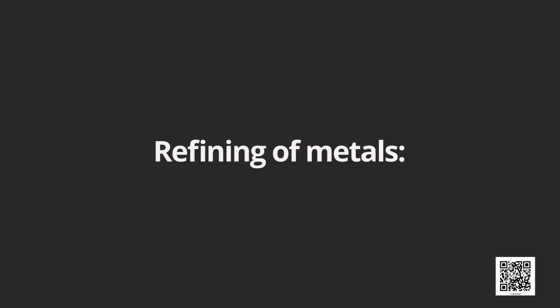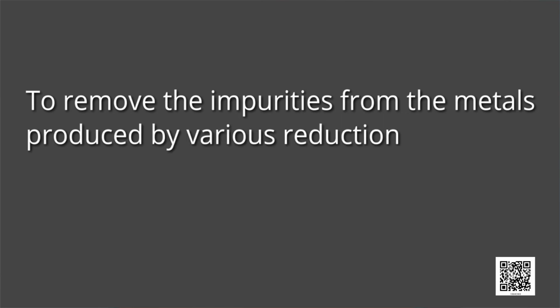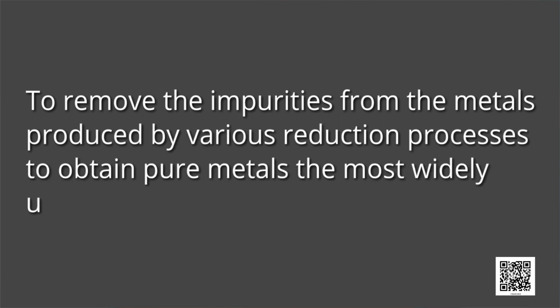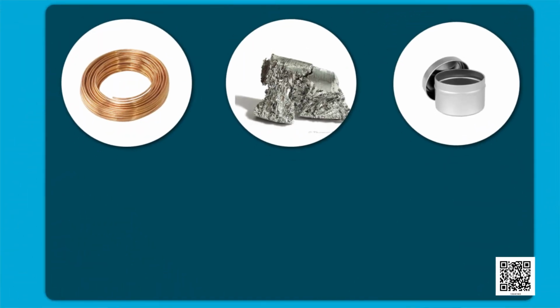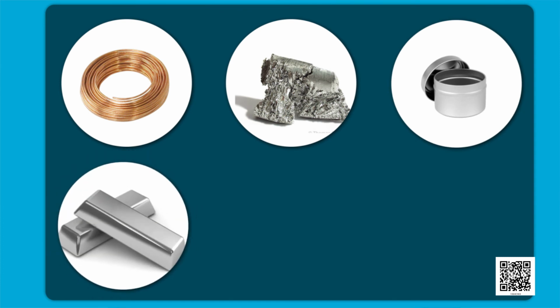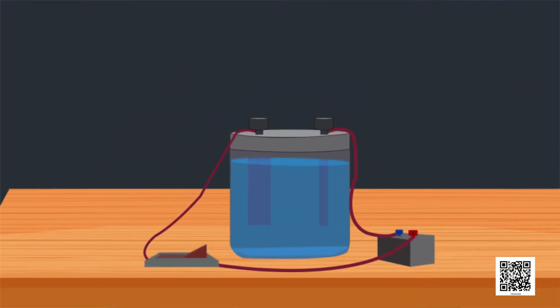The sulfide ores are converted into oxides by heating strongly in the presence of excess of air. This process is known as roasting, whereas the carbonate ores are changed into oxides by heating strongly in limited air. This process is known as calcination.